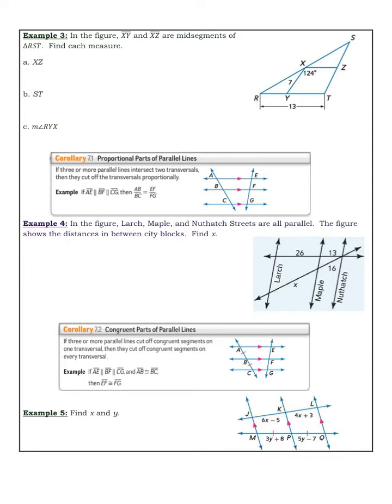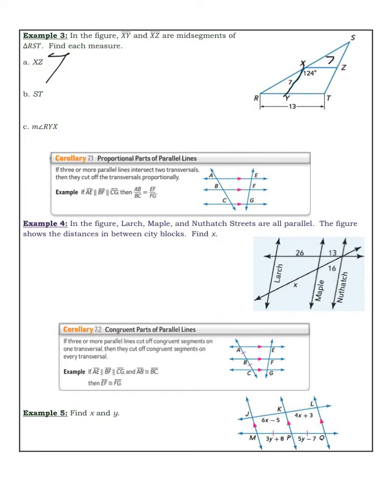It says XY, YZ, and XZ are midsegments of triangle RST. Find each measure. Okay, well, it gives me XY as 7. So if XY and XZ are both midsegments, then I'm going to say that's also 7. And let's look at it like this.